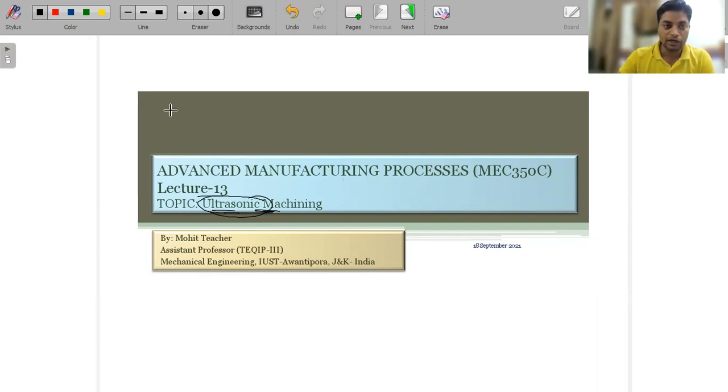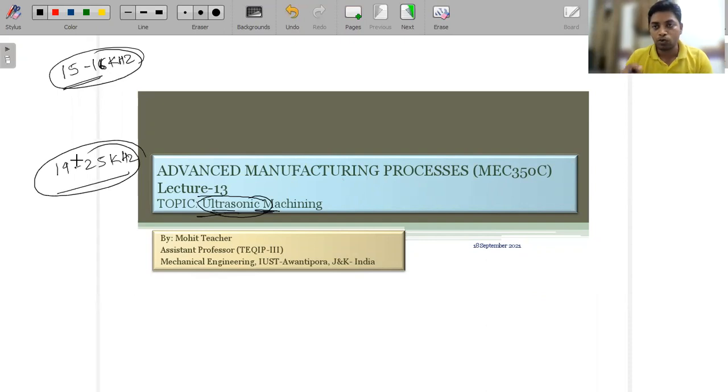Audible frequency is in the range of 15 to 16 kilohertz, whereas ultrasonic frequency is in the range of 19 to 25 kilohertz, or in some books 20 to 25 kilohertz. That is the range of frequency that we are using, but how we use this frequency is what is important here.